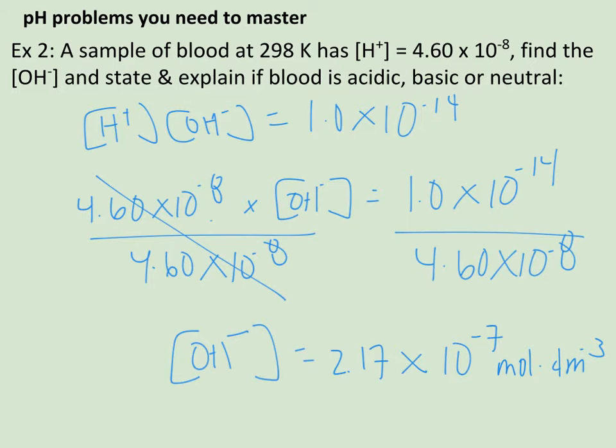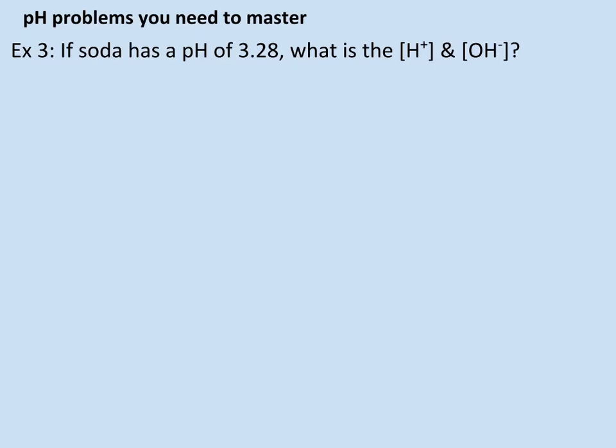Final example is if I give you the pH of 3.28 and ask for the H plus and OH minus, this is only slightly more involved. To get my H plus, I'm going to start by taking 10 to the minus 3.28, and I get a concentration of 5.25 times 10 to the minus 4, and that's moles per decimeter cubed.